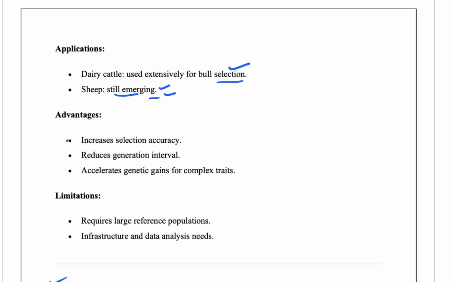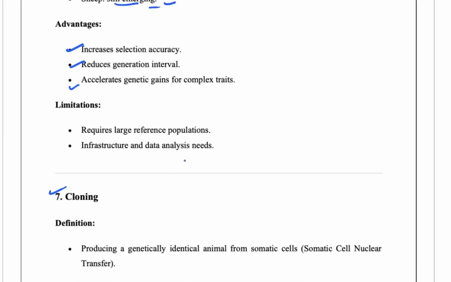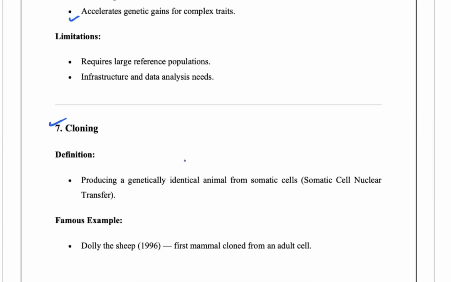The advantage is that it increases selection accuracy also, because now you have a merit on which you are selecting your organism. Then there are reduced generation intervals and it accelerates genetic gain for complex traits. But there are some limitations: it requires a large reference population, and again you require infrastructure and data analysis needs, right?